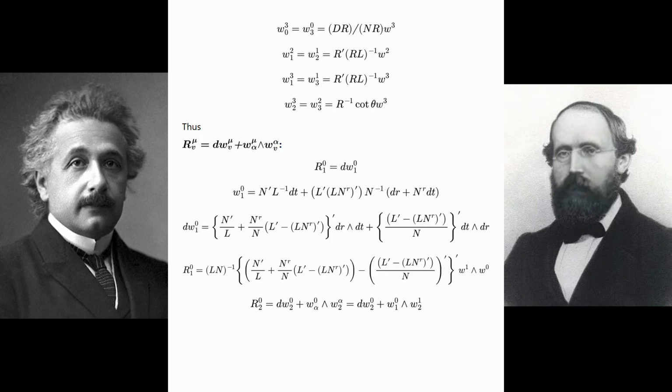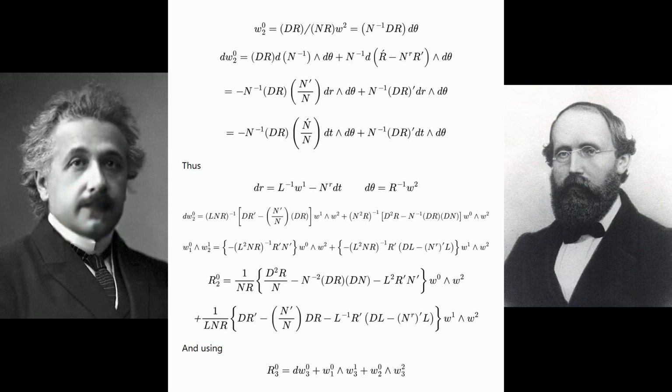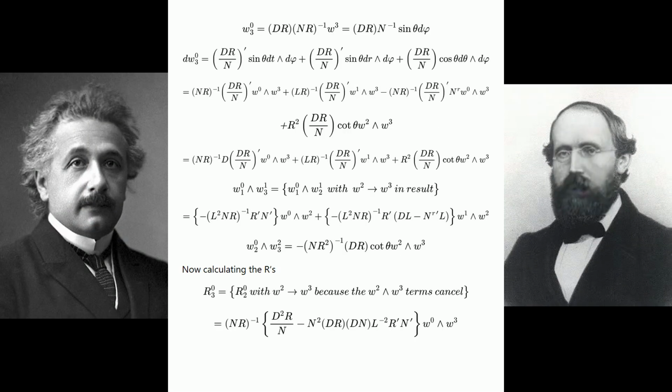Thus R sub v to the mu equals dw sub v to the mu plus w sub alpha to the mu wedge w sub v to the alpha. See the group of equations shown. Thus see the group of equations shown. And using the next equation, we get the equations.